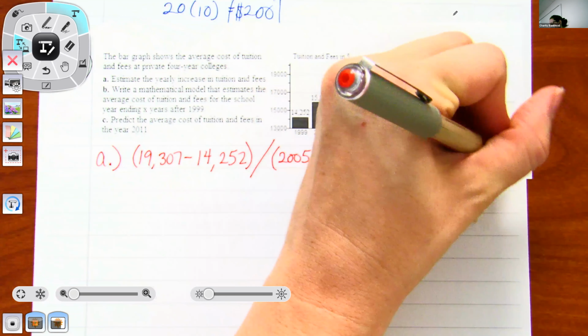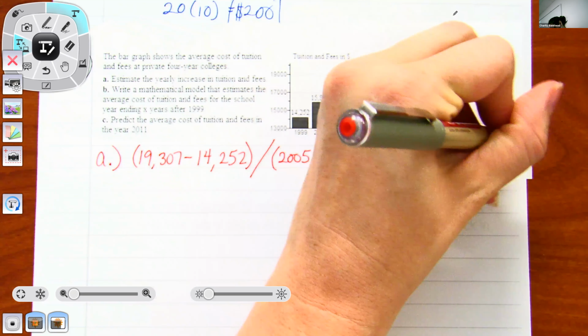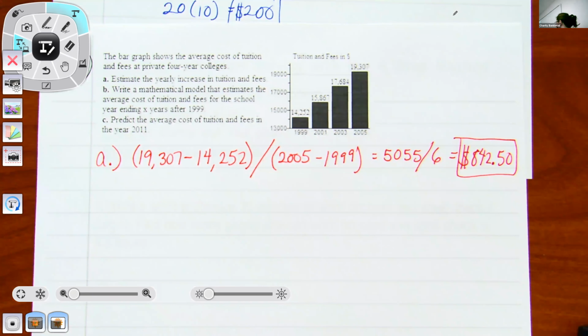This is a dollar amount, so I'm writing it as dollars and cents.